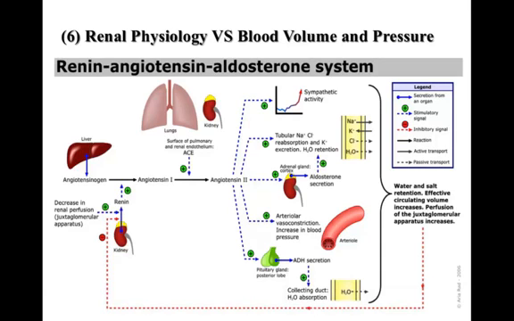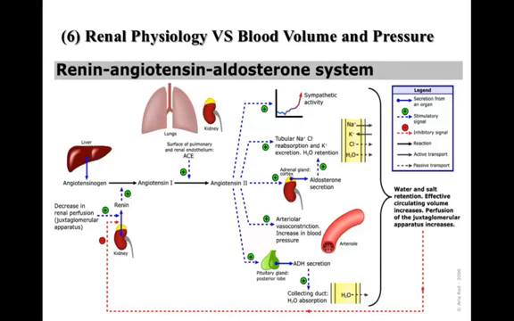It will also act on the intercalated cells located in the same parts as we've mentioned to stimulate the synthesis of the transport protein hydrogen ATPase, increasing the number of open channels in the luminal border of renal tubular cells for hydrogen ion secretion, as we've mentioned, right? Again, aldosterone hormone will act on the principal cells to increase sodium reabsorption and on intercalated cells to increase hydrogen secretion, and both are located in the late distal tubule and cortical collecting duct.